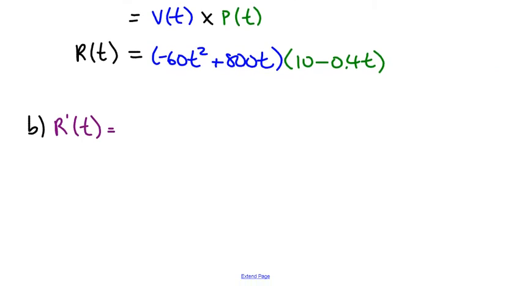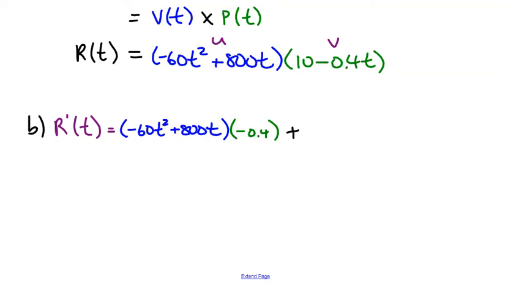All right, so we have our U and we have our V. Our U stays the same, negative 60 T squared plus 800 T. We're going to change up the V. The derivative of the 10 is 0, and the derivative of the negative 0.4 T is negative 0.4.